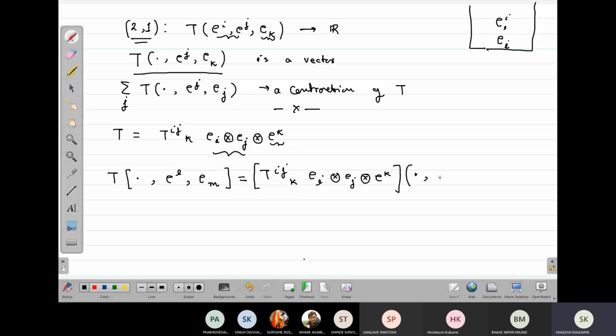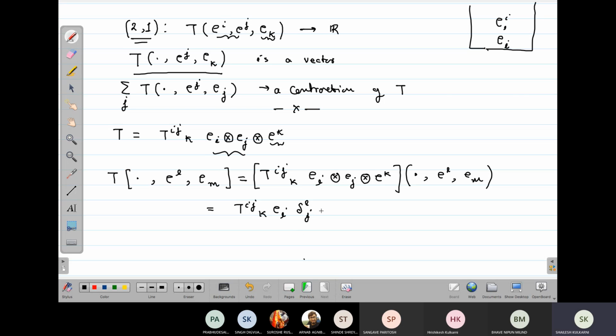Then there is e^l and there is e_m. Dot means this will remain as it is. e_j will act on this e^l, e_k will act on this e_m. So I am going to get T^{ij}_k e_i, because e_i is acting on nothing. Then e_j on e^l, I will get delta^l_j.